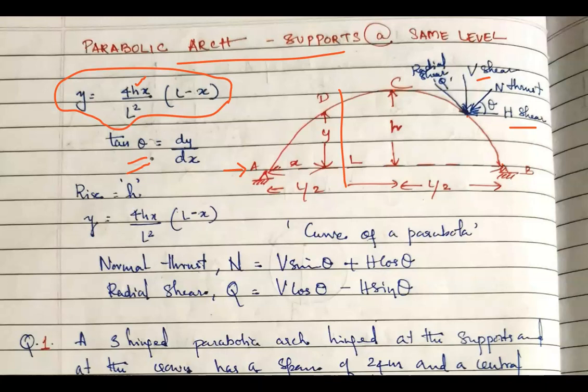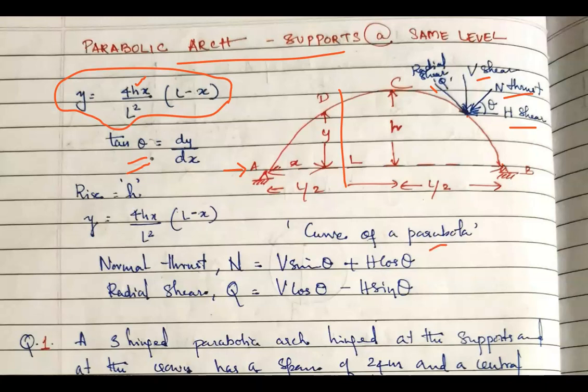In the case of an arch, you have normal thrust and radial shear at any section. Normal thrust is notated by N and radial shear is notated by Q. The normal thrust makes an angle theta with the horizontal. By resolving and writing down sigma H and V, you can see that normal thrust is given by V sin theta plus H cos theta, and radial shear is given by V cos theta minus H sin theta.